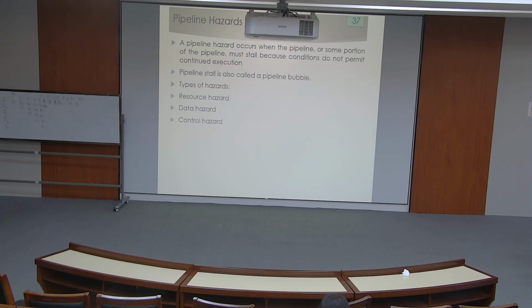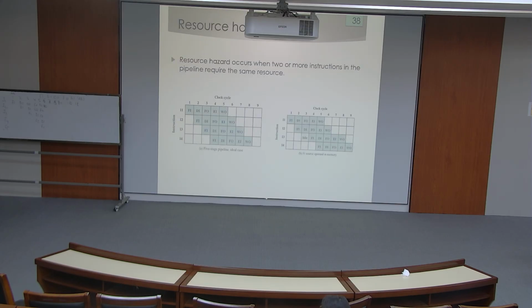Alright, we have pipeline hazards: data hazard, resource hazard, and control hazard. A hazard occurs when there is a pipeline or portion of the pipeline which has to wait for some condition before execution, because maybe they need to operate on the same data or they need the same resource.